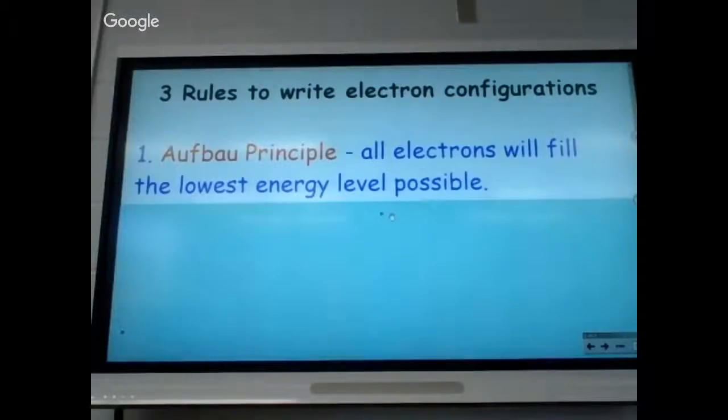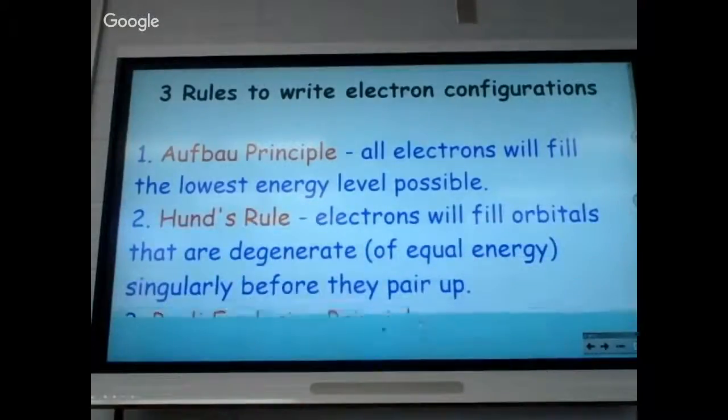So when we draw these electron configurations, all the types we're going to draw, you can't put electrons in any level until all the levels below are full. Okay? Now, the second rule that we're going to use. All right? Hund's rule. Electrons will fill orbitals that are degenerate.